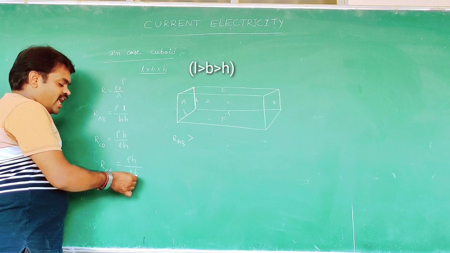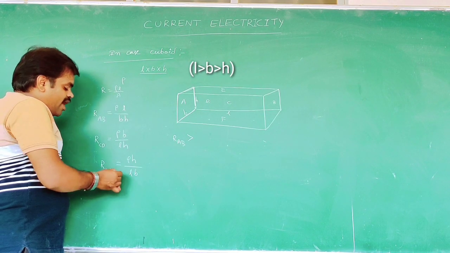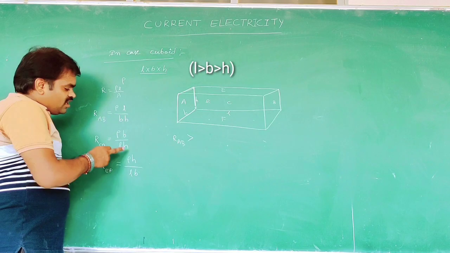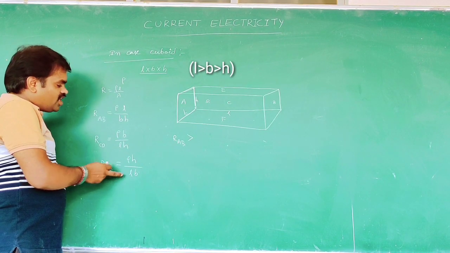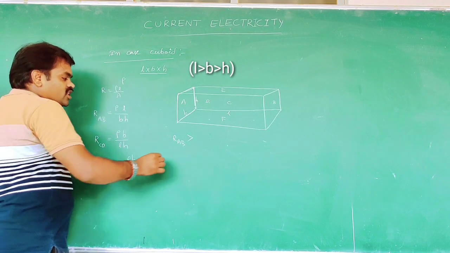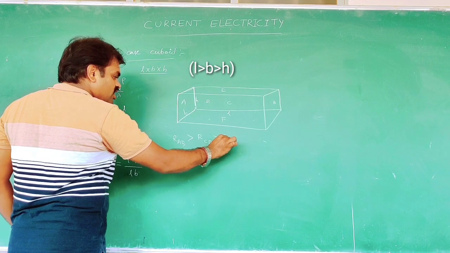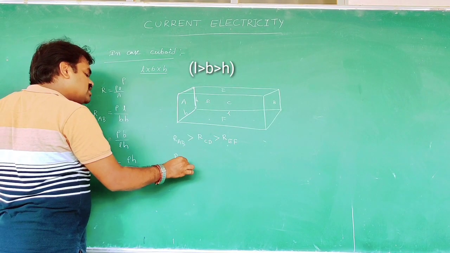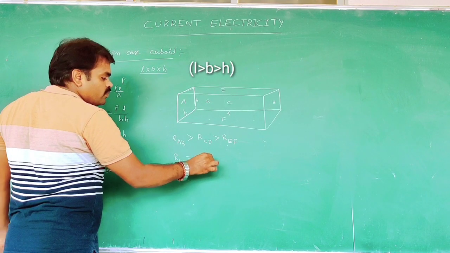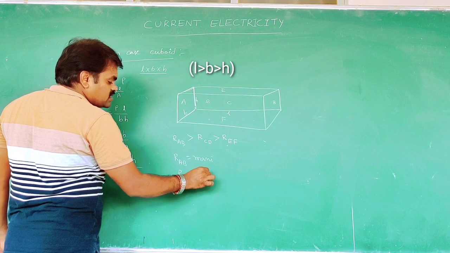Length and breadth are greater than the height. That's why REF is very small. That is, RCD is in between REF and RAB. That's why RCD is greater than REF. That means RAB is the maximum resistance. REF is the minimum resistance.